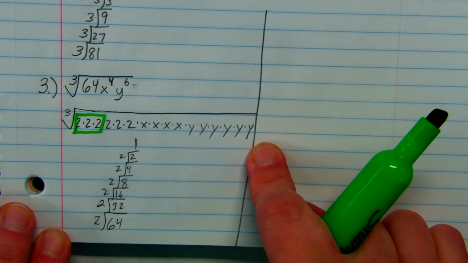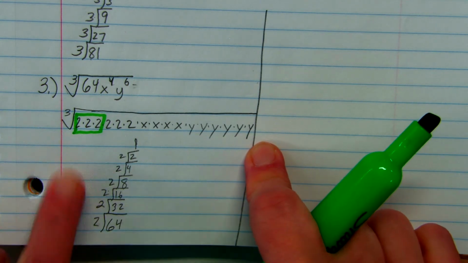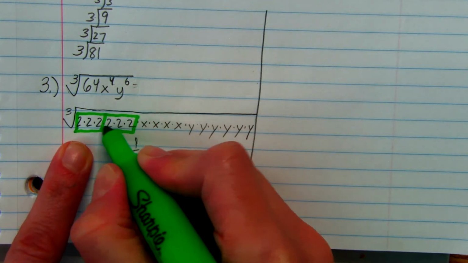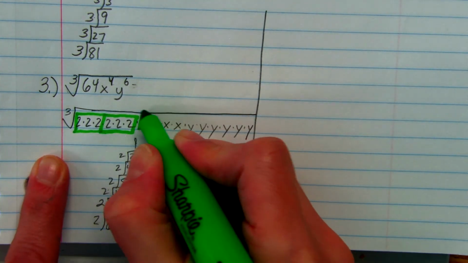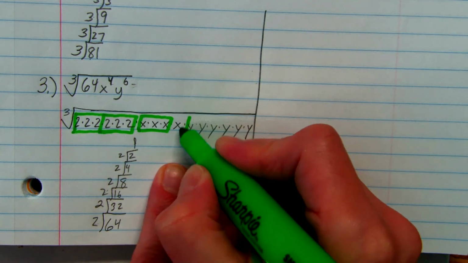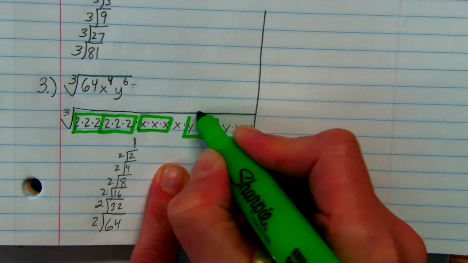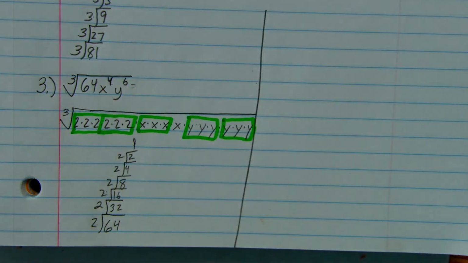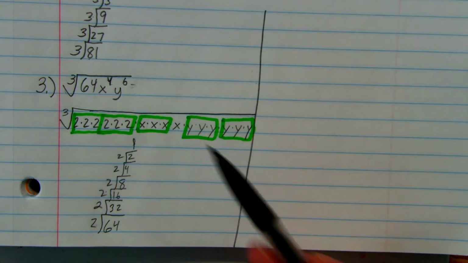And then we're going to go through and do groups of 3. So I have a group of 3 2's. I have another group of 3 2's. I can do a group of 3 x's and there's 1 x left over. I can do a group of 3 y's and another group of 3 y's. So anything that groups in 3, so really there's just going to be an x left inside.